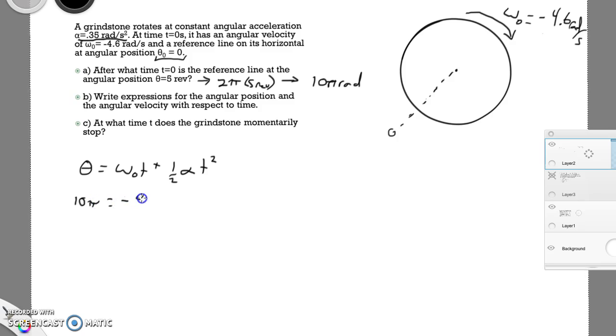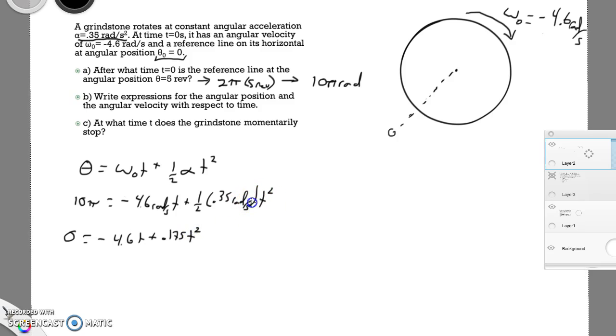This is going to be negative 4.6 radians per second times t plus 1/2 times 0.35 radians per second squared times t squared. Okay, we'll subtract the 10 pi over. So 0 equals negative 4.6t plus 1/2 times 0.35, which would be 0.175, times t squared.